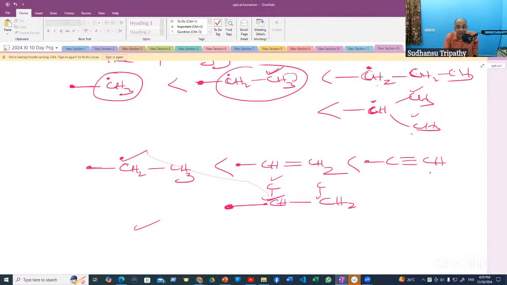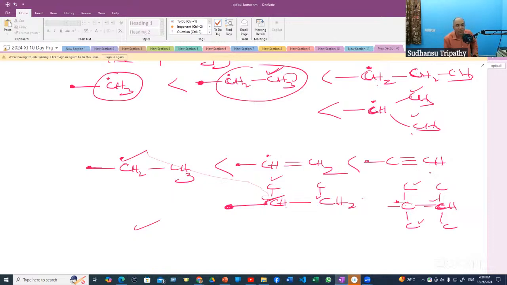Ethynyl is still senior because the triple bond is converted to single bond and thought of as if each carbon is bonded to 3 carbons. One is here, the other 2 you have to add hypothetically. Then compare: this is bonded to 2 carbon and 1 hydrogen, but this is bonded to 3 carbons. So ethynyl is senior to vinyl.